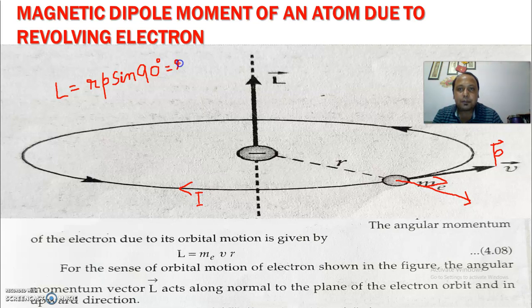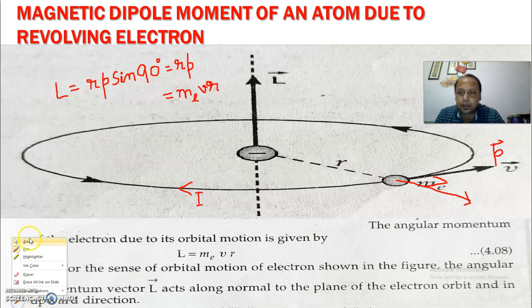So we have r p, where r is the radius, and the value of p is written as mv, where the mass of the electron is me and the velocity of the electron is v, and r is also there. So we can write m v r. This is the value of the angular momentum of the electron which is revolving around the nucleus. We will need this value in the later stage of this derivation, where we are going to calculate the value of the magnetic dipole moment. So I hope this is clear.